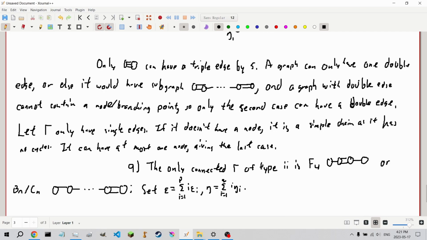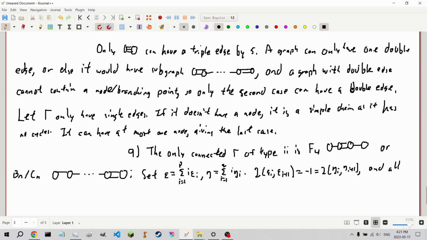By hypothesis, we have that 2 times adjacent elements on either side of the chain is -1, 2 times eta i plus 1, and all others are orthogonal. This is our assumption.